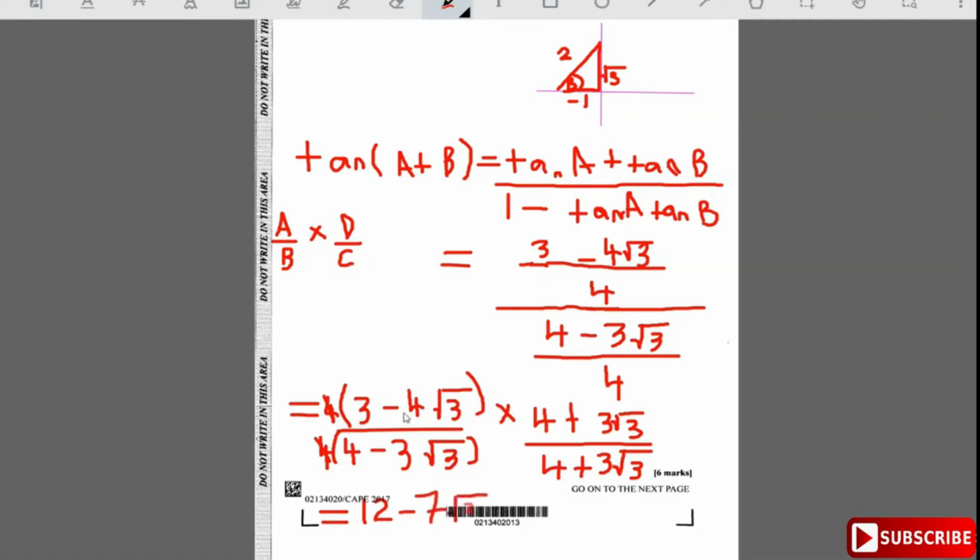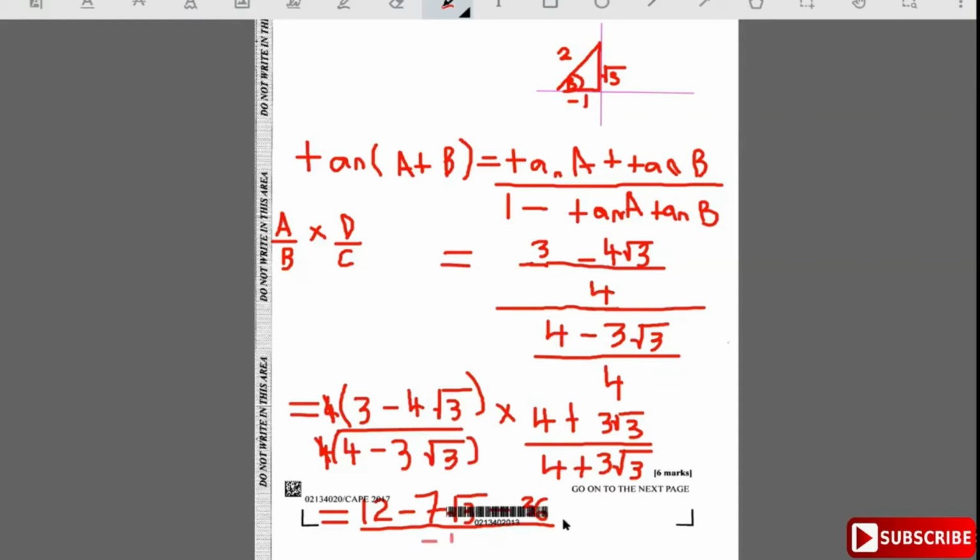Then minus 4 times minus 3 is minus 12, and root 3 times root 3 is 3, that's minus 36. Divided by, this is now the difference of two squares, 3 root 3 times 3 root 3, that's 27, and 4 squared is 16. So 16 minus 27 is minus 11. In the denominator I have negative 11.